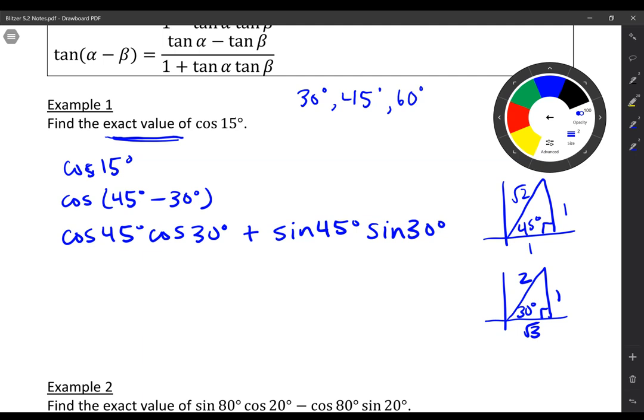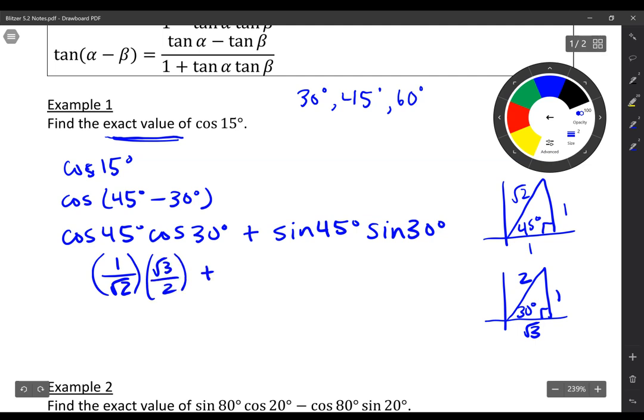So cosine of 45 degrees would be 1 over square root of 2, times cosine 30, that's going to be square root of 3 over 2. And then plus sine of 45, 1 over square root of 2, times sine of 30, which would be 1/2.